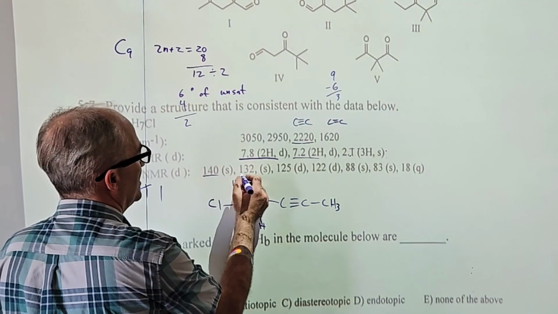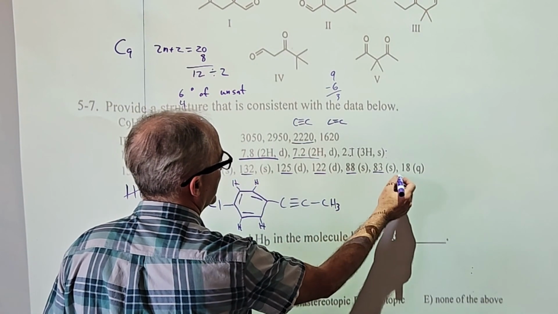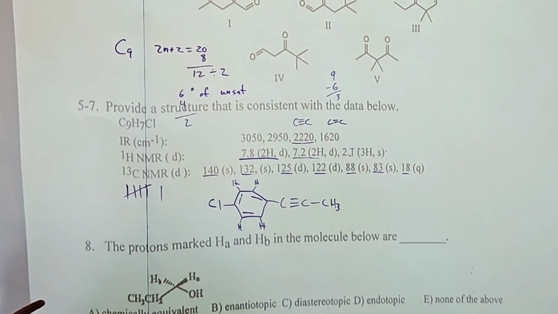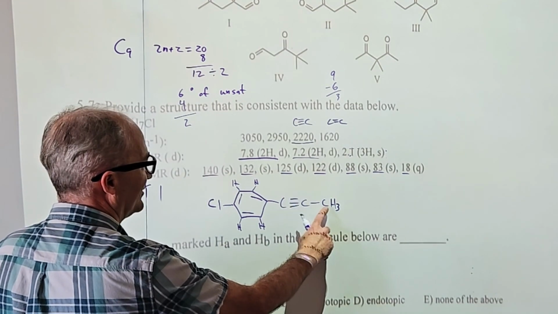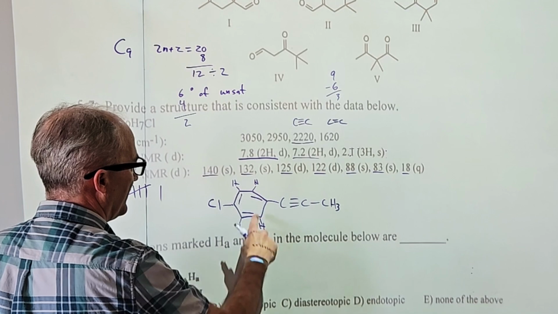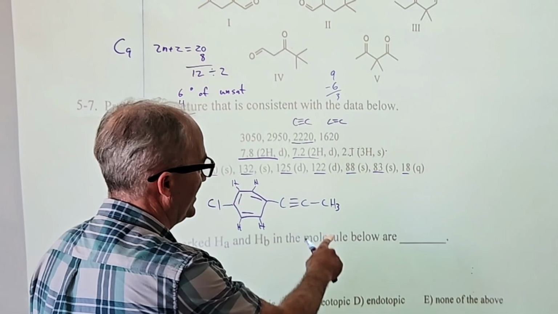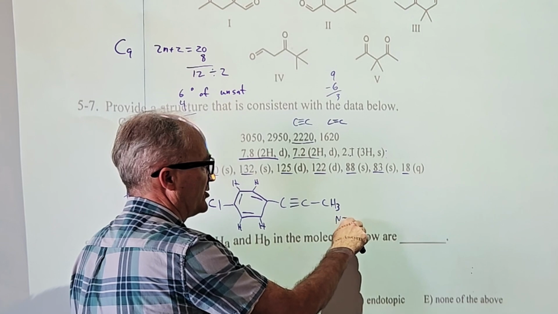Now let's look at the carbon-13 NMR numbers. I have 1, 2, 3, 4, 5, 6, 7 signals. I have 9 carbons. Some of these might be equivalent. What did I say? 7 signals? 1, 2, 3, 4, 5, 6, 7. Quintet. That would be this one, because N equals 3.